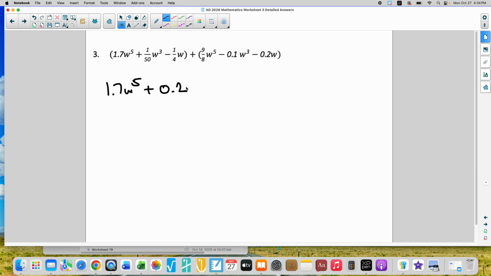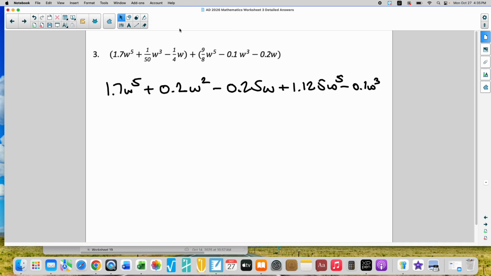So I think that's that as an exponent. This is -0.25 w. That's going to be plus 1.125 w to the fifth minus 0.1 w cubed.